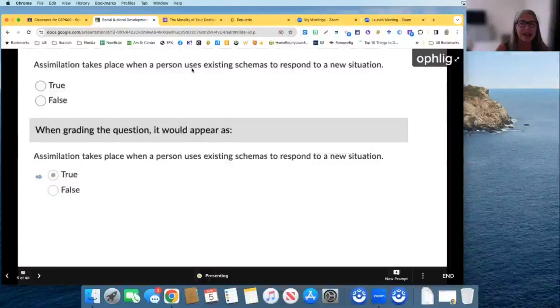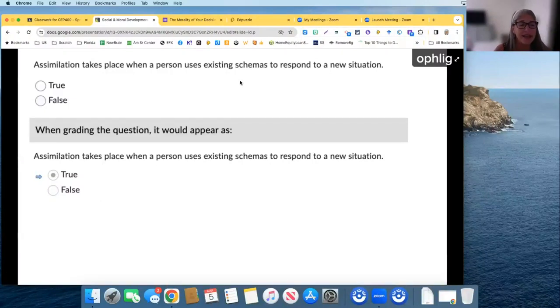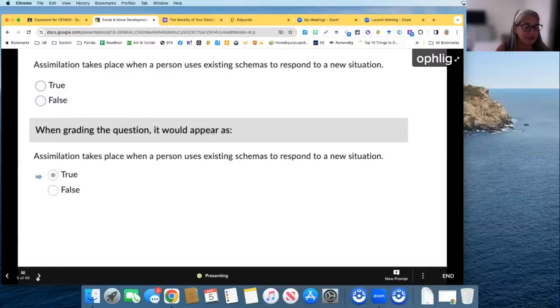Just like with study skills, if you already used highlighting and you just added thinking and wondering to the things you noticed, you didn't change the way you study, you just added something to it, that would be assimilation. Whereas if you totally changed the way you study, that would be accommodation.